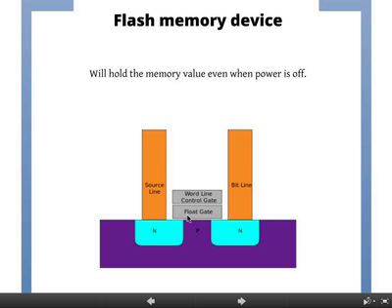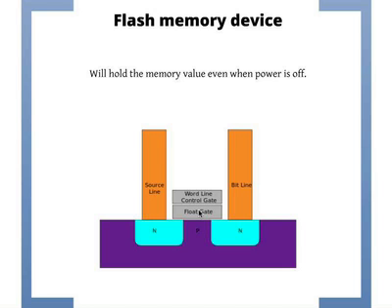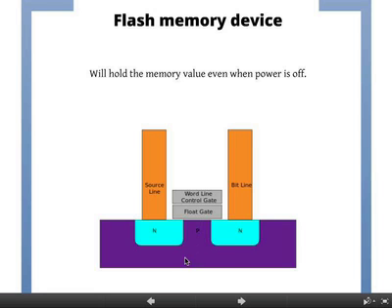In the floating gate, let's assume there's some positive charges hanging around. This is P-type. So if you put a positive charge there, what happens? You pull the electrons close together, push the holes away, you invert the channel, you create a channel, you close the circuit, so you will see a current flow through, so it's on.